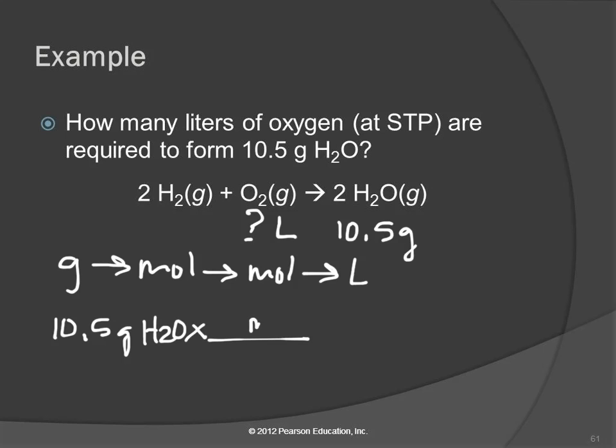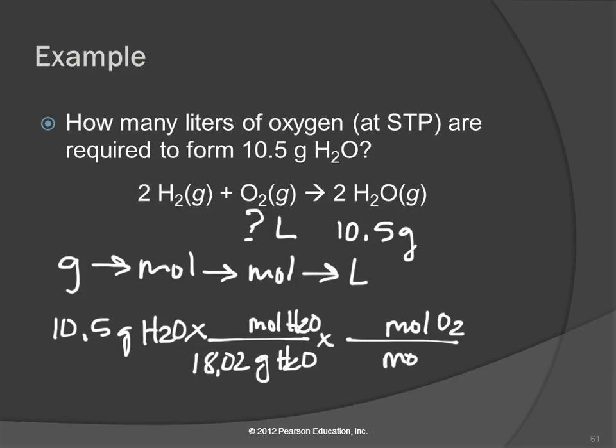We need to get to moles of H2O. It's 18.02. And then moles of oxygen per mole of water. What's the relationship? 1 mole of this to 2 moles of that. 1 to 2.